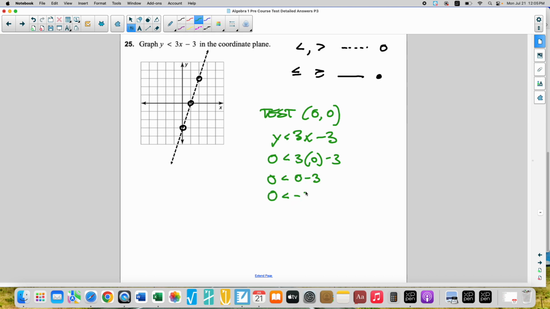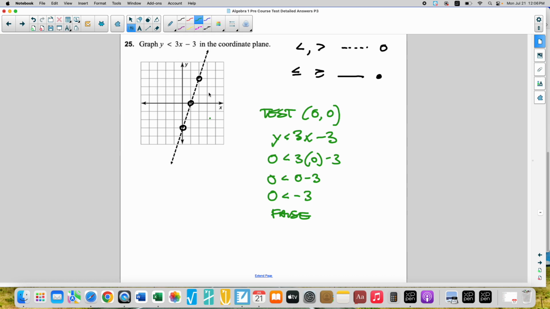Is 0 less than negative 3? No, that's false. 0 is greater than negative 3. So this point is false, and that means every point on this side of the border is going to be false.